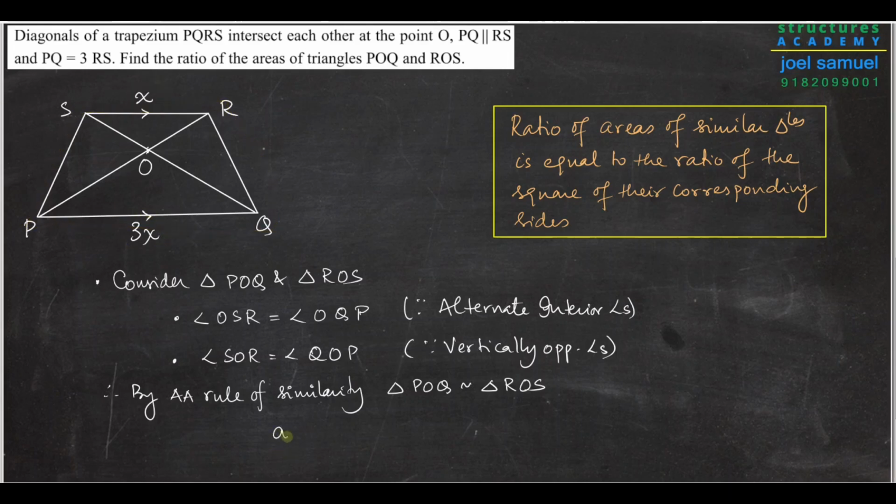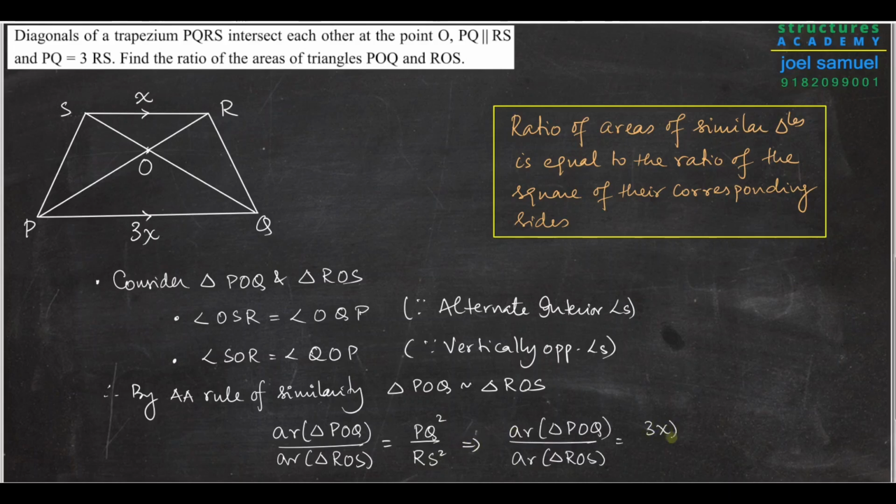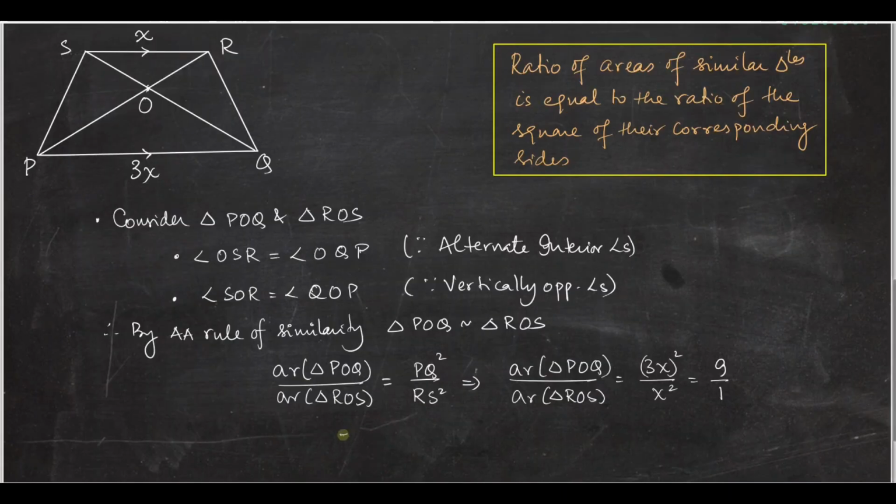So we write the area of triangle POQ divided by area of triangle ROS is equal to the square of the side of POQ, which is PQ square divided by RS square, which implies 3x whole square by x square, which becomes basically 9 by 1. So the final answer is, therefore, the ratio is 9:1. And that is the final answer.